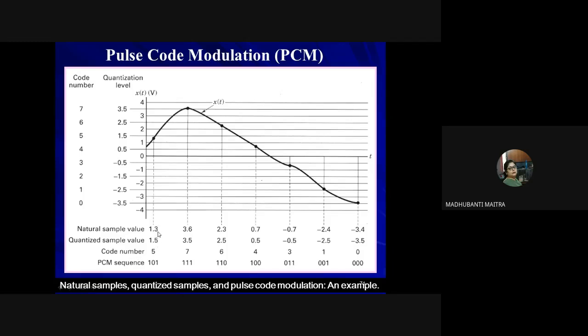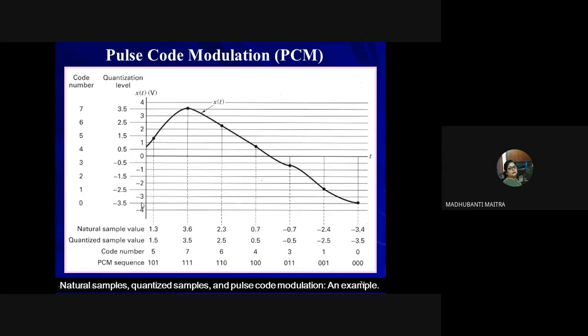So you see there is a difference between this natural sample value and the quantized sample value, and this actually results in the quantization error. In the second case also, you can see that the actual natural sample value is 3.6 volt. We'll have to truncate that, and the truncated value, or the quantized sample value, will be equal to 3.5 volt.